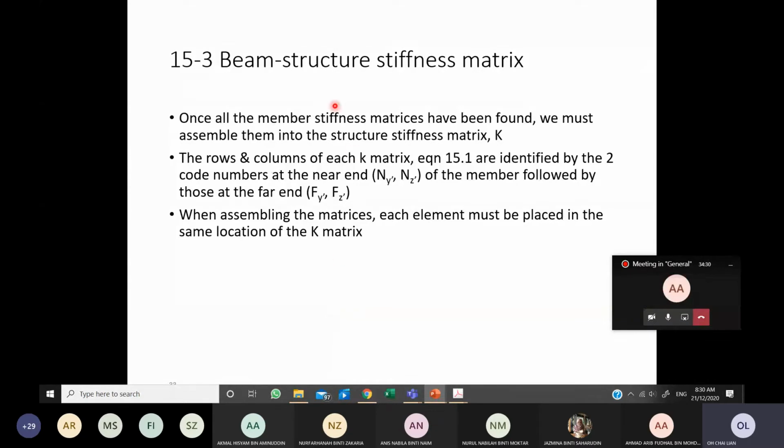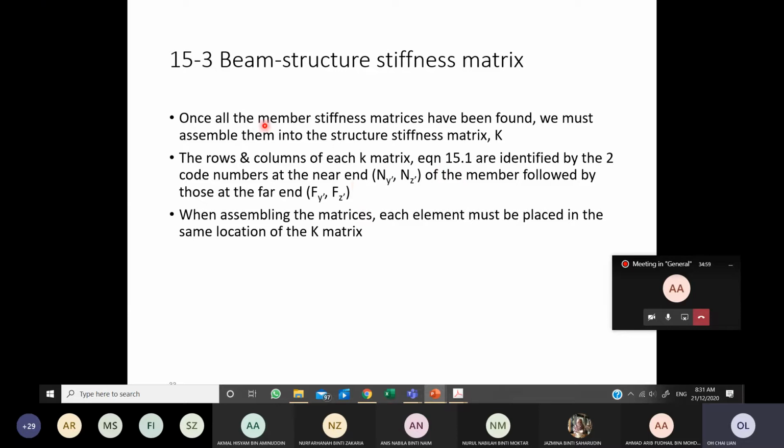So once all the member stiffness matrices have been found, we must assemble them into a structural stiffness matrix, K, and the row and column for each K matrix, equations 15.1. This one I will show you in the practical matrix later.